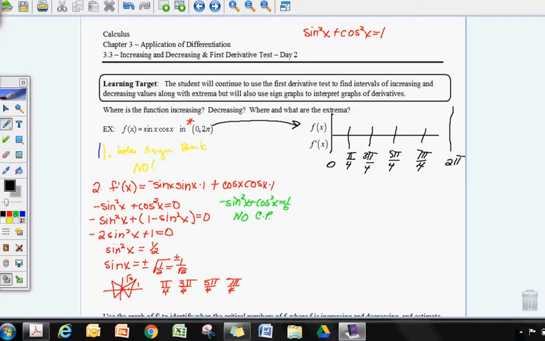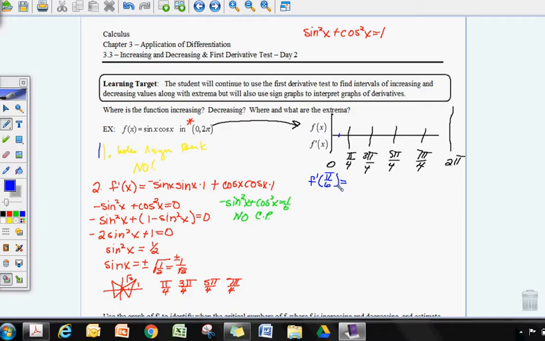So now it is my responsibility to pick a number in between here. So the only number that I know that's in between there, in f prime, I'm going to put pi over 6. That would be smaller than pi over 4. So when I do that, I'm plugging that into my derivative.